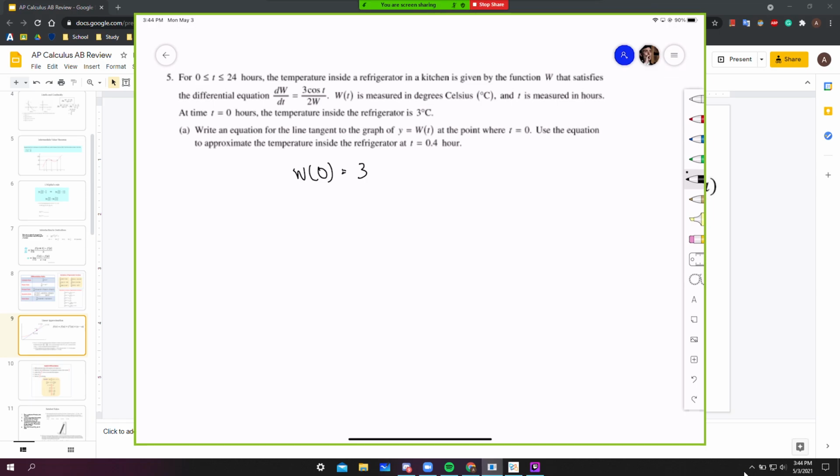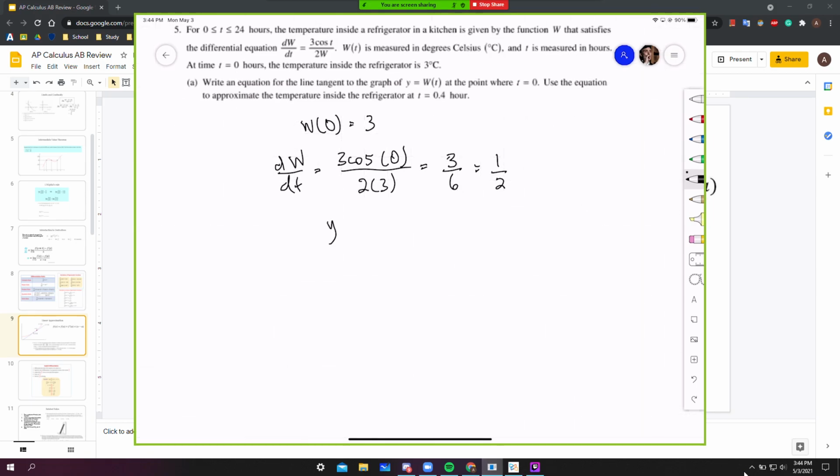So we want to know the slope of the tangent line, but we are given dw over dt. So we'll plug in 3 cosine 0 over 2 times 3, which equals 3 over 6 equals 1/2. So y minus 3 equals 1/2 times x minus 0. So y equals 1/2 x plus 3.